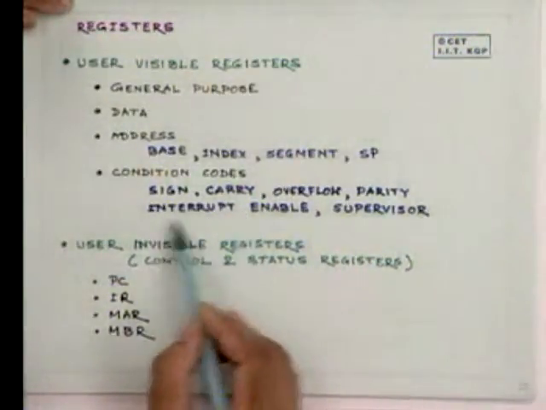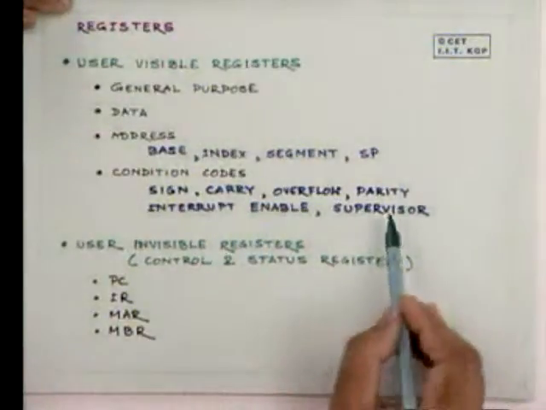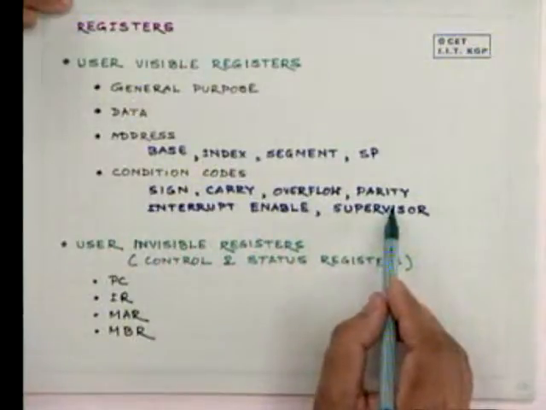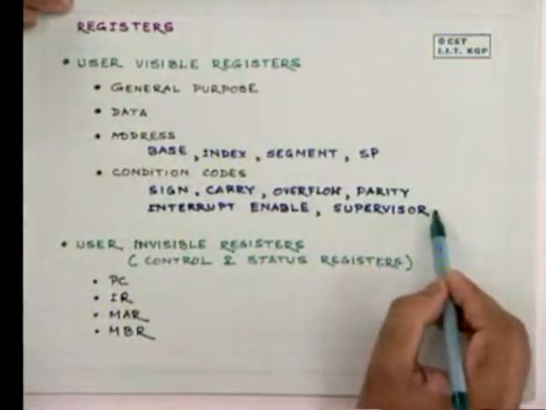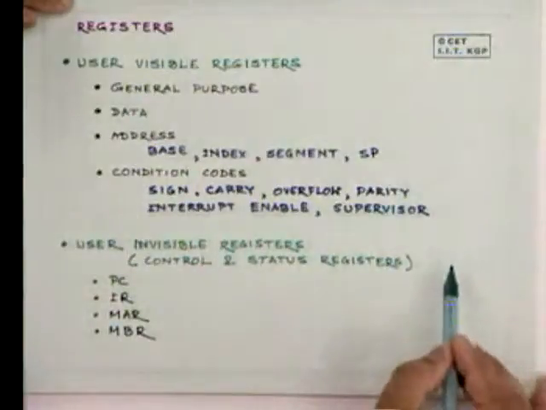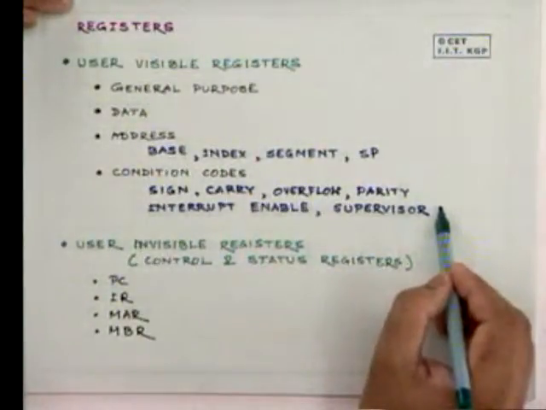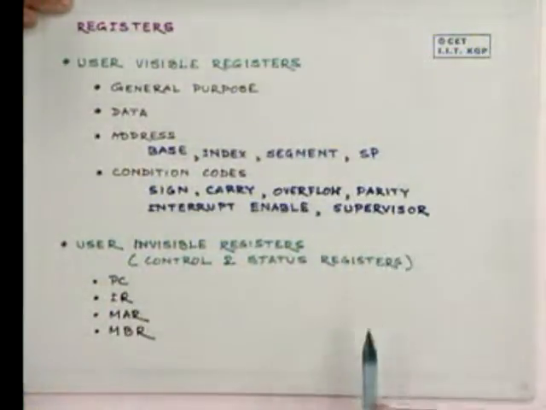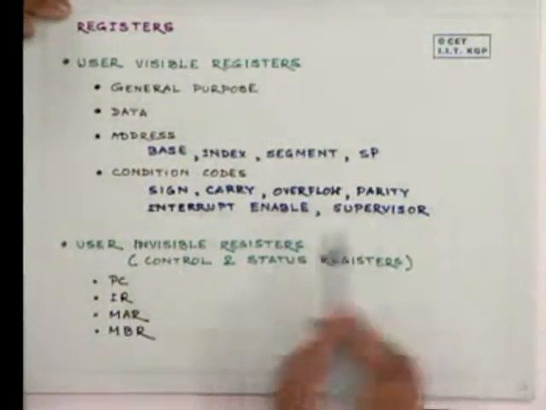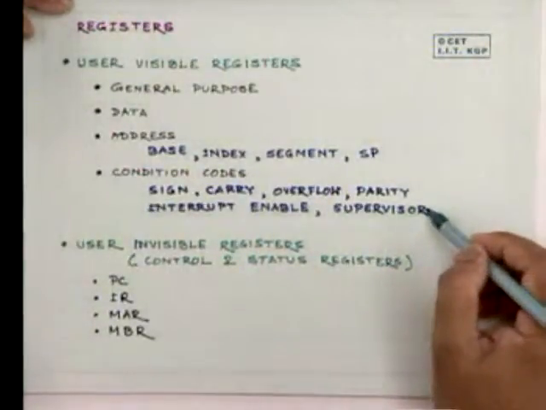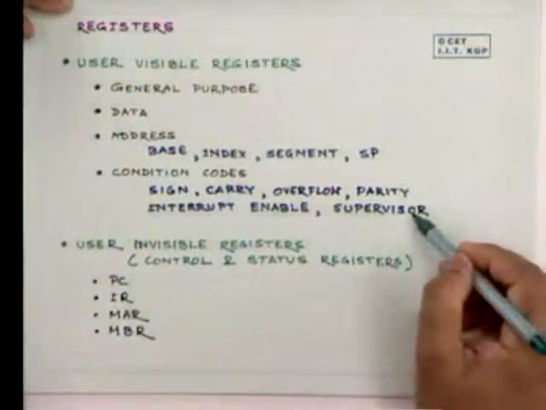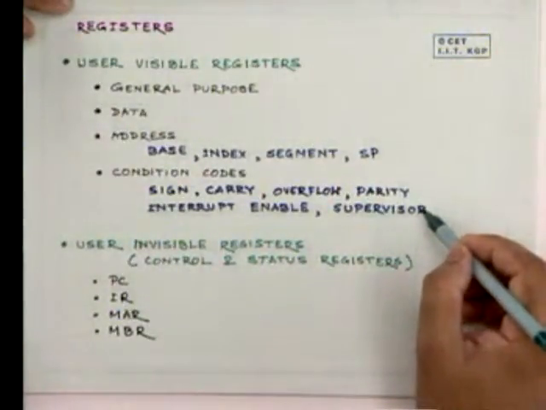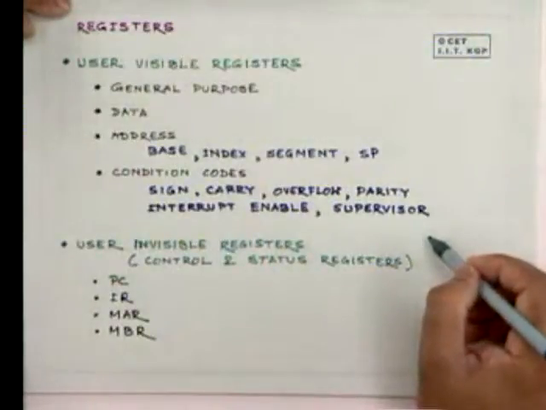By that we mean the CPU can be interrupted, and sometimes the CPU can be in the supervisor mode or the user mode. That means in the case of supervisor mode, the CPU can execute some privileged instructions. We'll have occasions to see what privileged instructions are when we'll be discussing the operating system, right? There can be one register, 1 bit, okay, or more than 1 bit if needed, which tells whether you are in the supervisor mode or in the user mode.